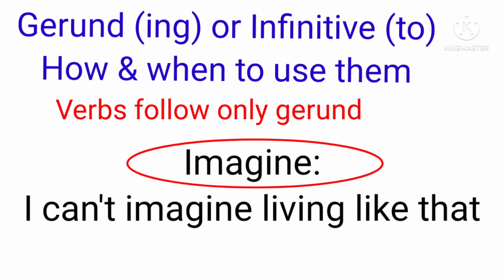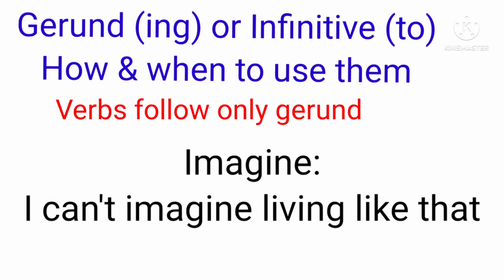Imagine. The word imagine also always follows a gerund. Whenever I see imagine, the verb should be -ing, because it's a gerund. How do you know? Because imagine always follows a gerund.